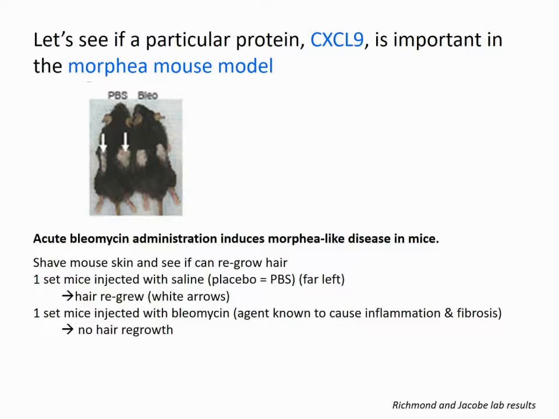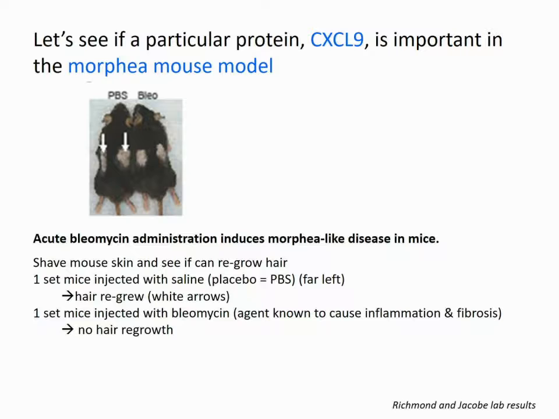This mouse, we call it the morphea mouse model, but basically you're using bleomycin, which adult scleroderma researchers use a lot to induce a systemic scleroderma kind of mouse. Basically you're causing fibrosis, so you're injecting this into the mouse, and another mouse you inject as a sham, like a placebo, just saline.